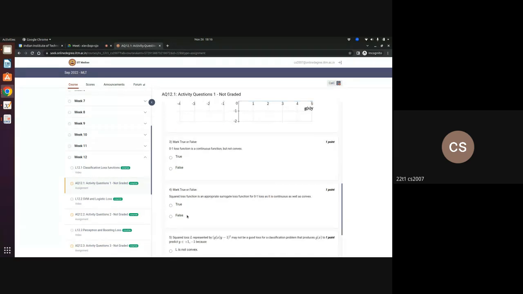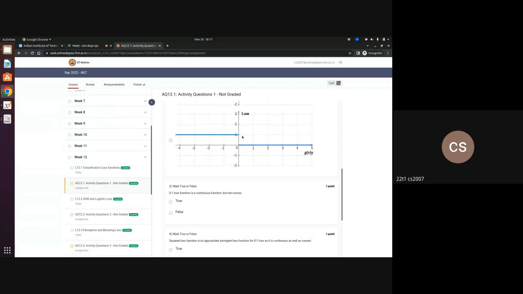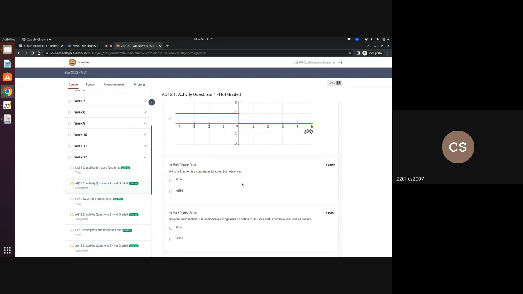Now, in the lecture, sir discusses that since 0-1 loss, which is the most natural choice of a loss function for a binary classification problem, is not continuous, we need to look for surrogate loss functions which are continuous as well as convex. So in that attempt, we are looking at different error functions.